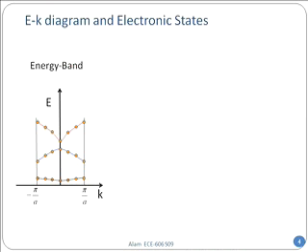Now, if you remember the E-k diagram, perhaps you remember that this is a diagram for a one-dimensional solid, a set of N atoms. And if the spacing is a, then the Brillouin zone is from pi over a to minus pi over a.